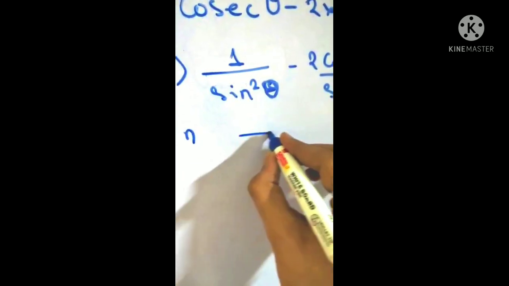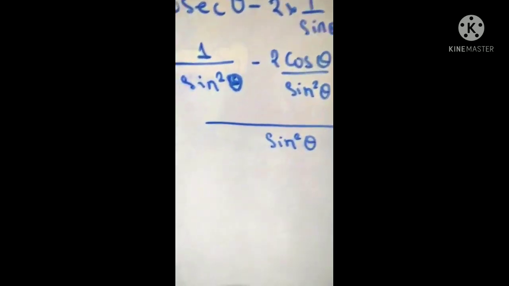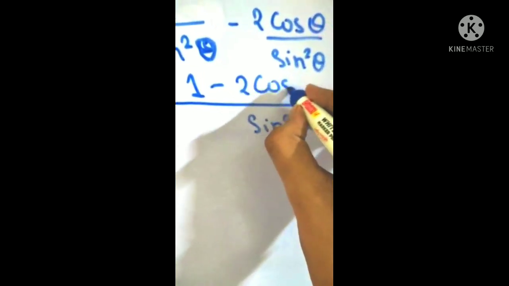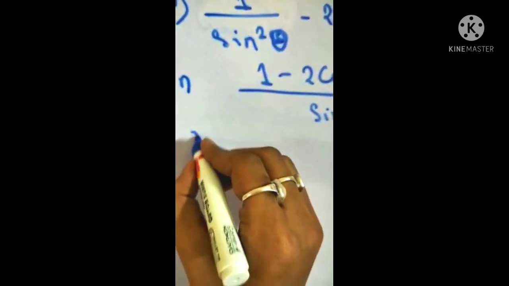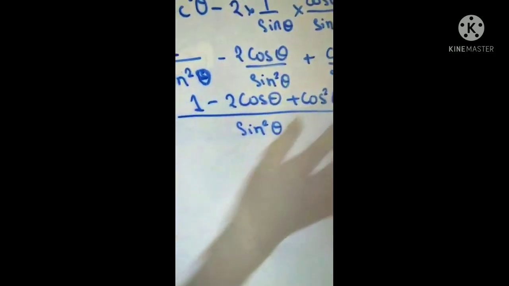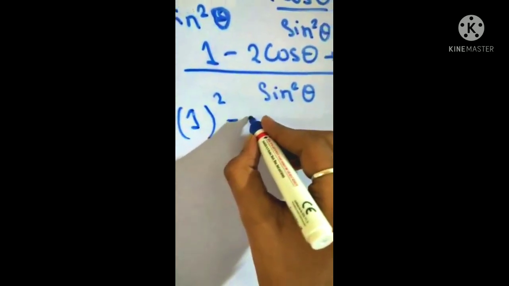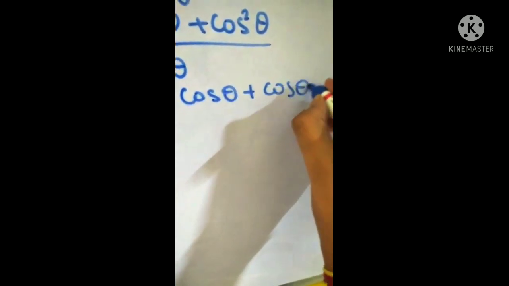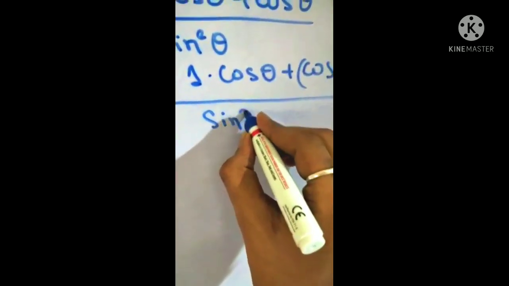Now see, in the denominator, after taking LCM, we will get sin square theta, and in the numerator we will get 1 minus 2 cos theta plus cos square theta. Now see very carefully, this numerator expression can be written as 1 square minus 2 into 1 into cos theta plus (cos theta) whole square, divided by sin square theta.